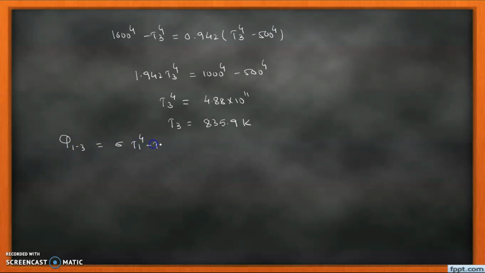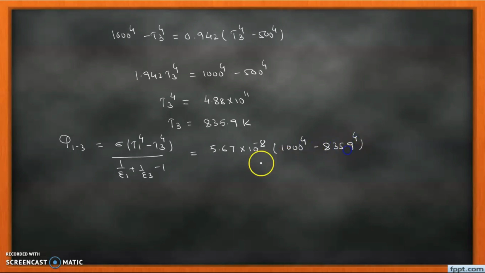Now by putting down this value in equation 1 to 3, that is sigma into (T1 to the power 4 minus T3 to the power 4) divided by (1 upon E1 plus 1 upon E3 minus 1), we get 5.67 into 10 to the power minus 8 in the bracket (1000 to the power 4 minus 835.9 to the power 4) divided by 1 upon 0.8, that is the emissivity of surface 1, and the emissivity of the shield is 0.05, minus 1.